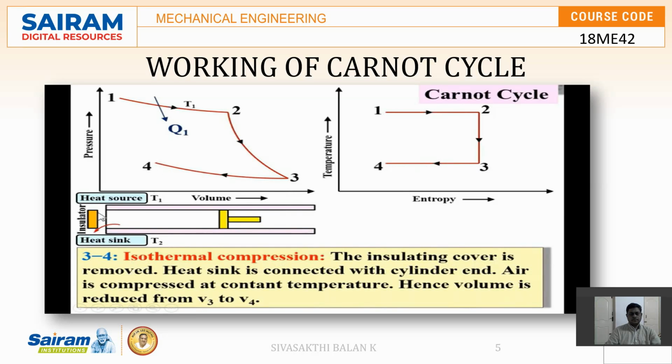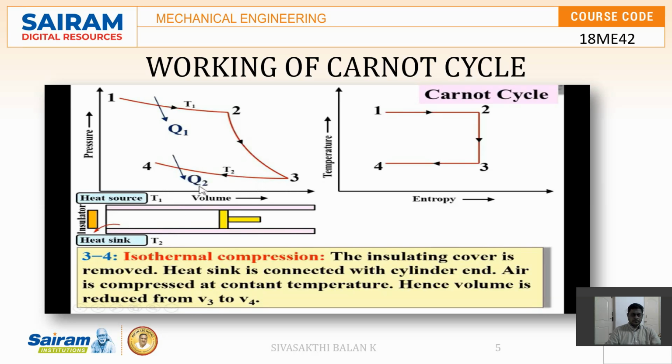So the insulating cover is removed, the heat sink is connected with the cylinder end, air is compressed at constant temperature, and hence volume is reduced from V3 to V4. So that is at constant temperature T2, and during this process the heat is rejected from the working fluid to the heat sink.